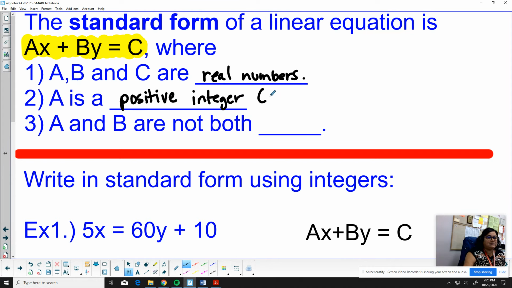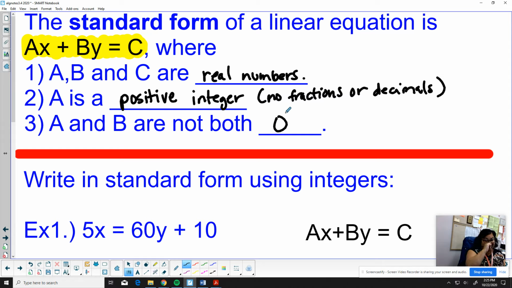So what this means is, first of all, there can't be negatives, and there can be no fractions or decimals for A. If there is, you have to take care of it. And then the last rule is A and B are both not 0, which again, that doesn't happen very often. And honestly, the one that we deal with the most, if we have to deal with anything, is the second one, that A has to be a positive integer.